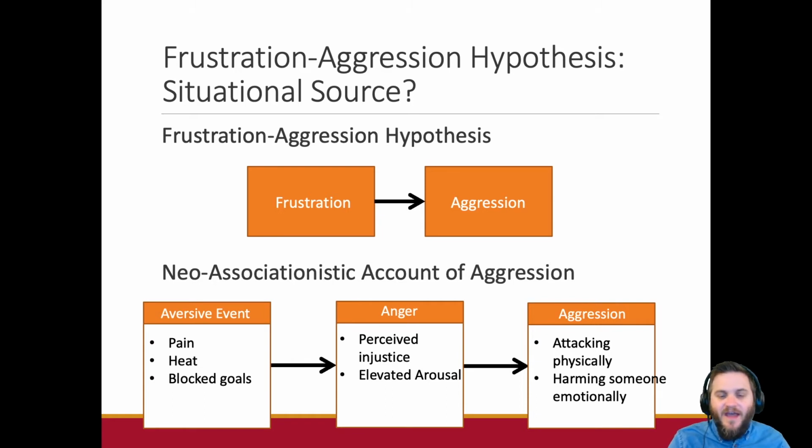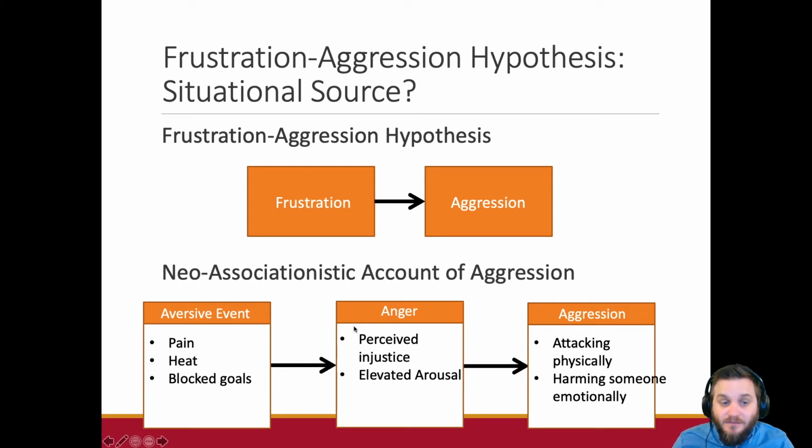Just think of Anger from Inside Out. When he gets super angry, fire comes from his head. That's representing the sympathetic nervous system kicking itself into high gear, right? That anger then leads to the behavior of aggression, so physically attacking someone or something, or harming someone emotionally, some sort of relational thing like spreading rumors. So that's another way to suggest frustration leading to aggression.